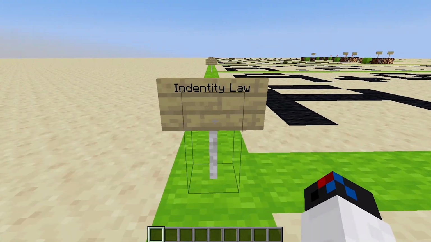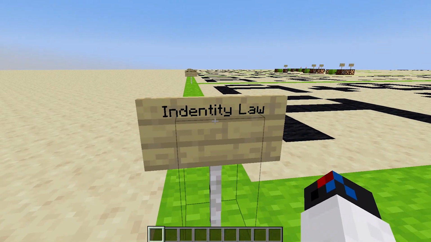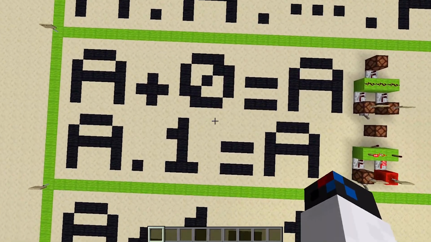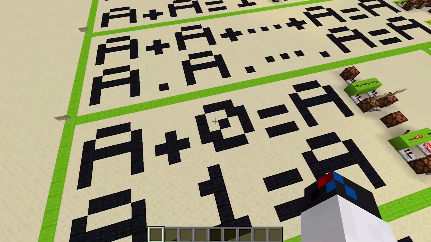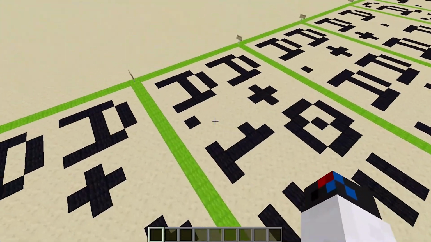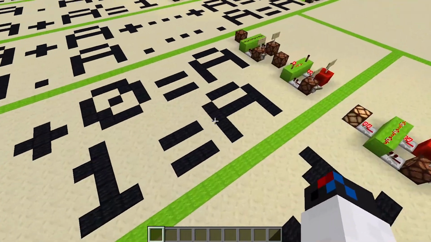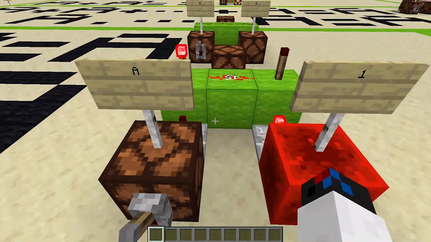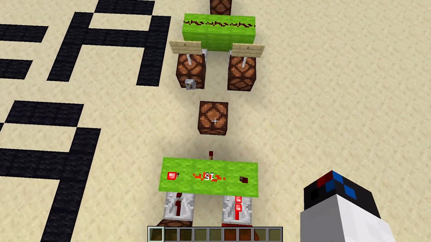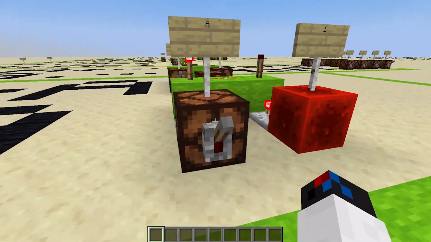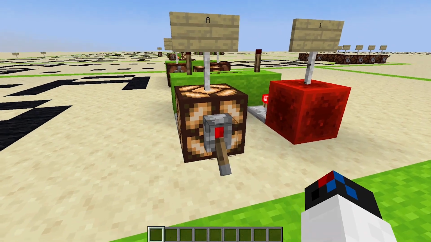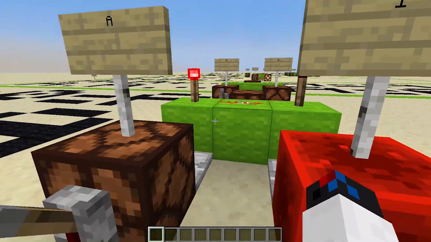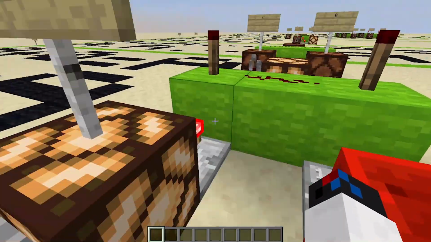Alright, next property, the Identity Law. The Identity Law is something like this. We have A or 0 is equal to A, and A and 1 is equal to A. And we can clearly see that here. Here's the AND gate, we have the output here, and if we put in A, the output is the same as A. So A is 0, output is 0, A is 1, output is 1.